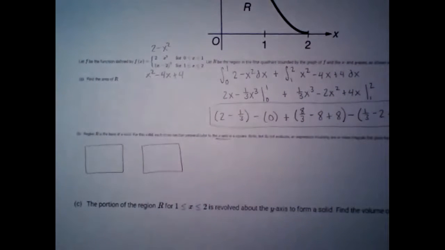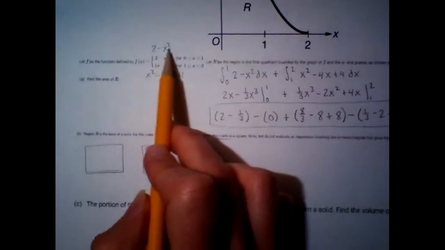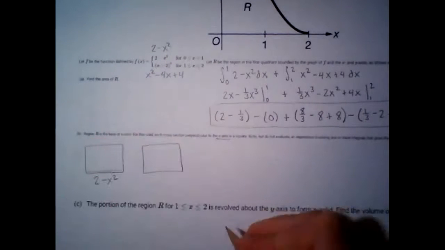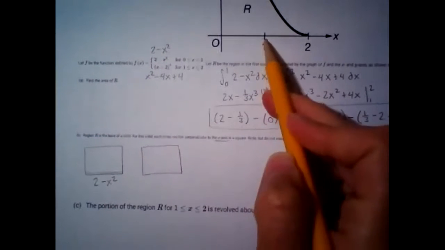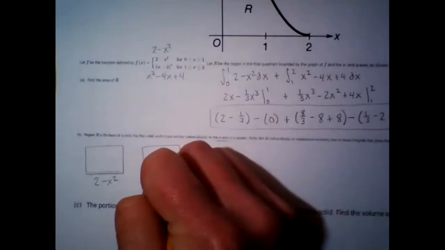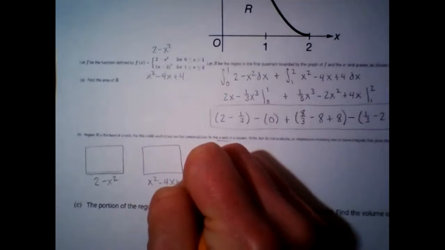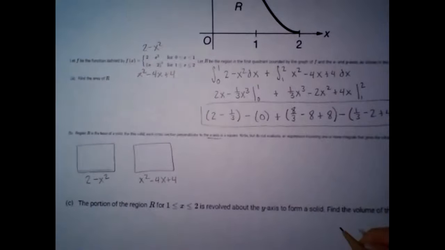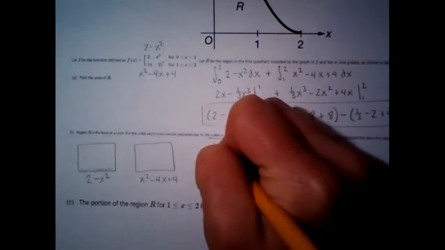For the first one, the base of our square is going to be this graph, the 2 minus x squared. And then for the second half of it, from 1 to 2, it's going to be this. All right, so again, it's going to be a two-part problem. We're going to have to do from 0 to 1 and then from 1 to 2.